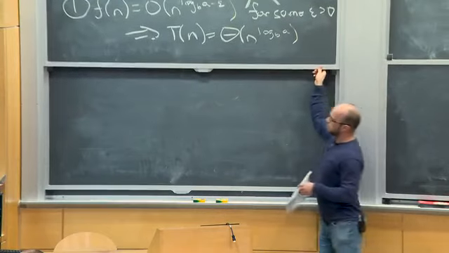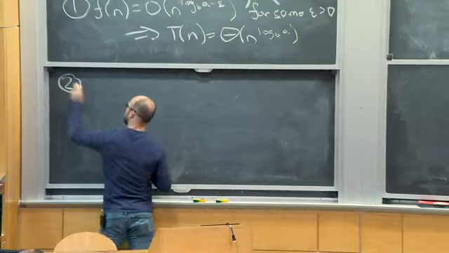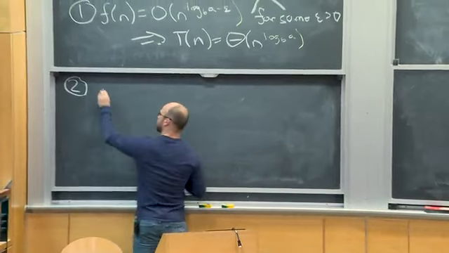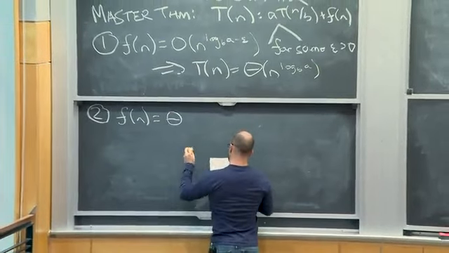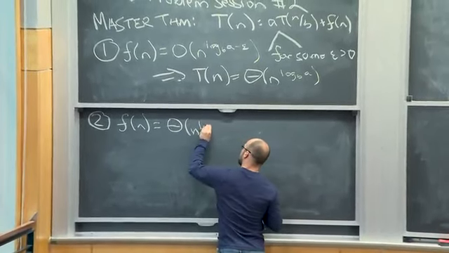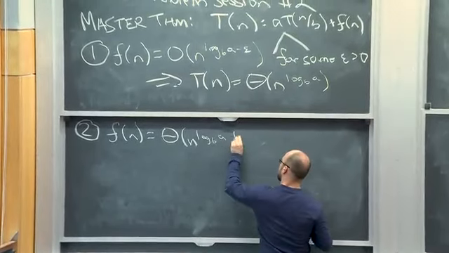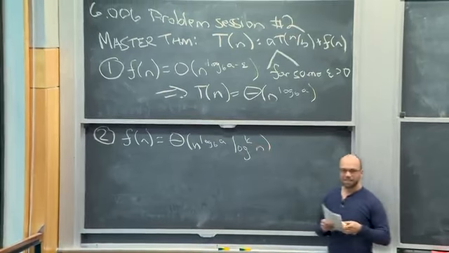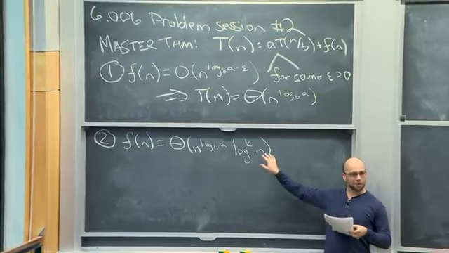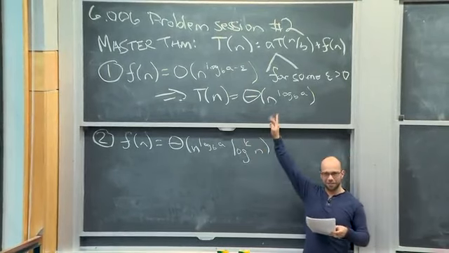That's case 1. Case 2, I'm going to try and leave this on the board as we solve these problems, is the following: f(n) is big theta of n to the log base b of a multiplied by log to the kth power of n. This is a super weird form, but for example, it's perfectly kosher to take k equals 0, in which case it starts to look like case 1.